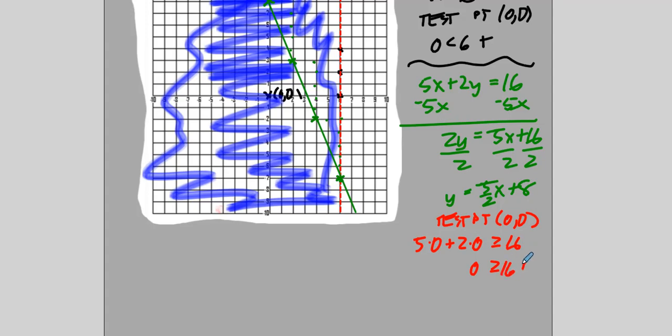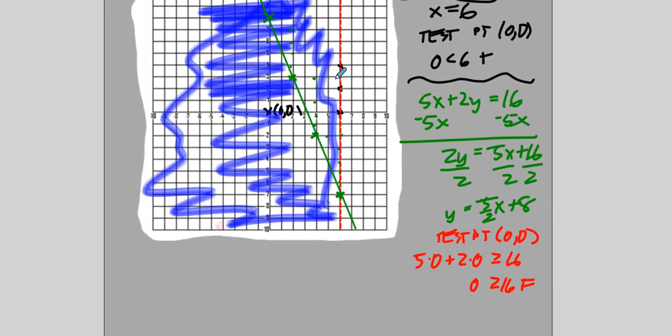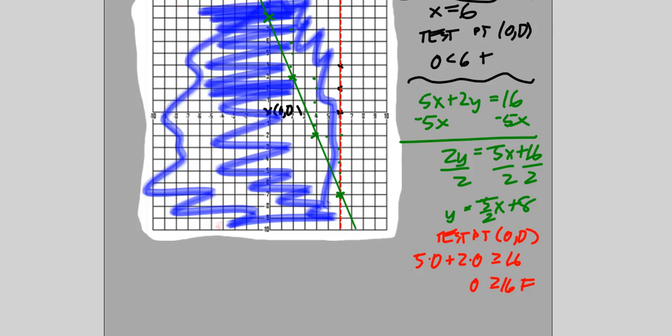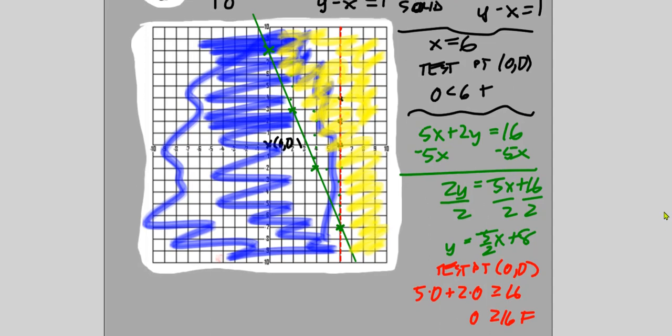That's false. So the test point's over here, so I shade to the right half plane. Okay, so far our common solution is in here, this triangle, but we have a third inequality.